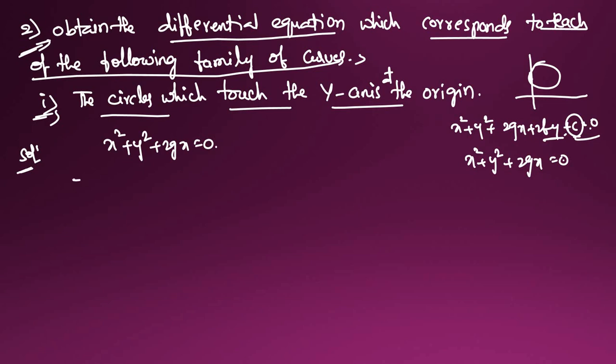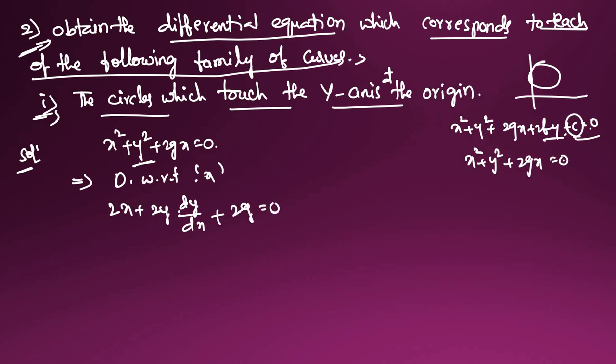We'll take the derivative with respect to x here. It will become 2x plus 2y into dy by dx, plus 2g, is equal to 0.